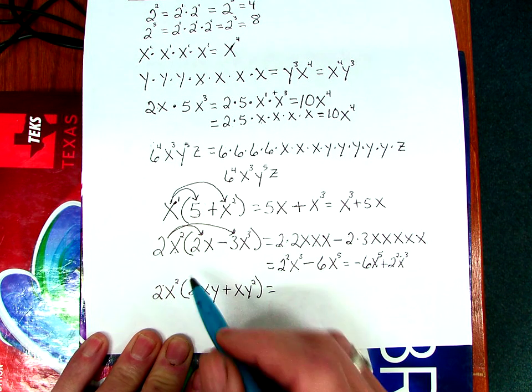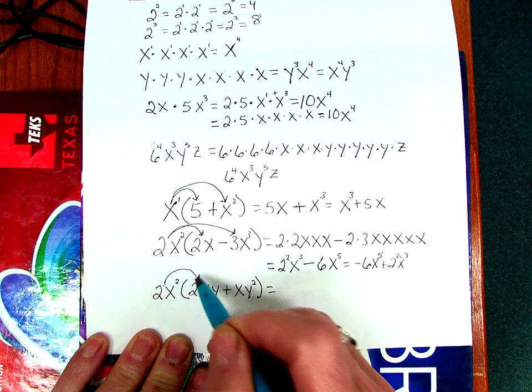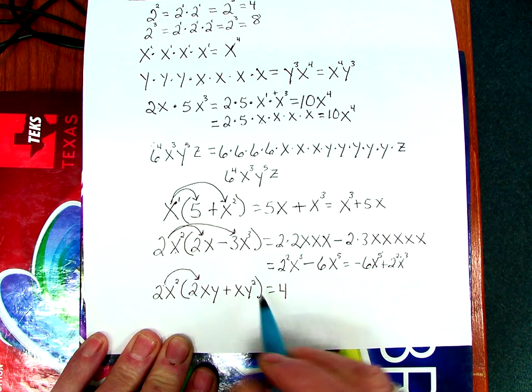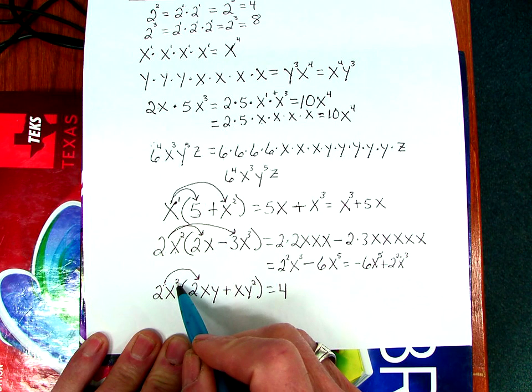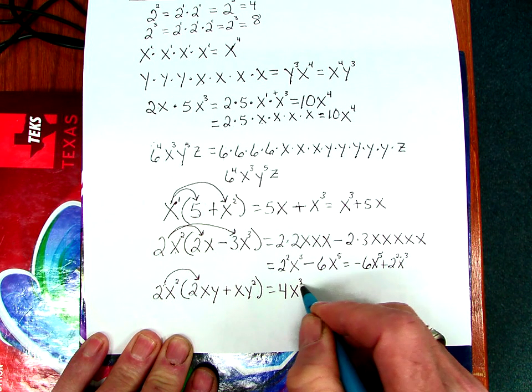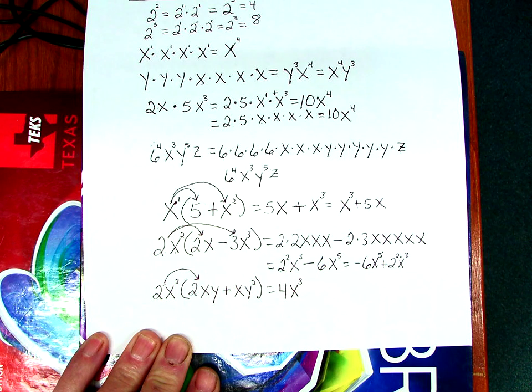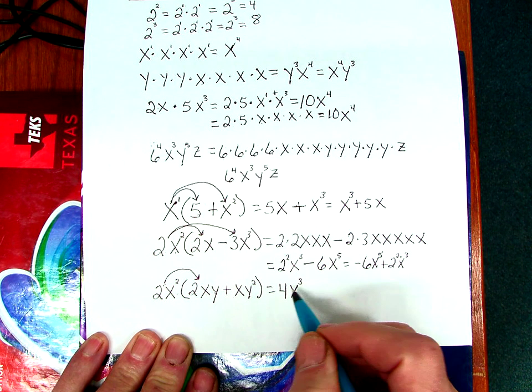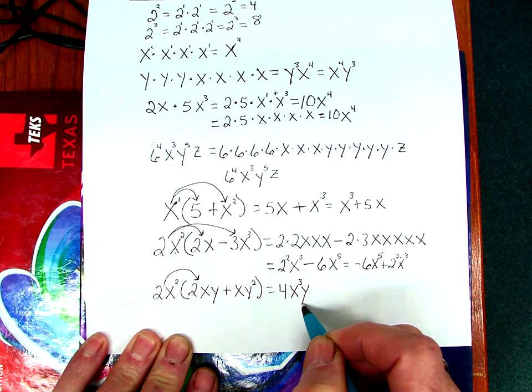So watch what happens. The 2 times 2 is 4. The x to the second times the x to the first, that's 3 x's altogether, so x to the third. And then there are no y's to increase this y with, so its power stays the same.